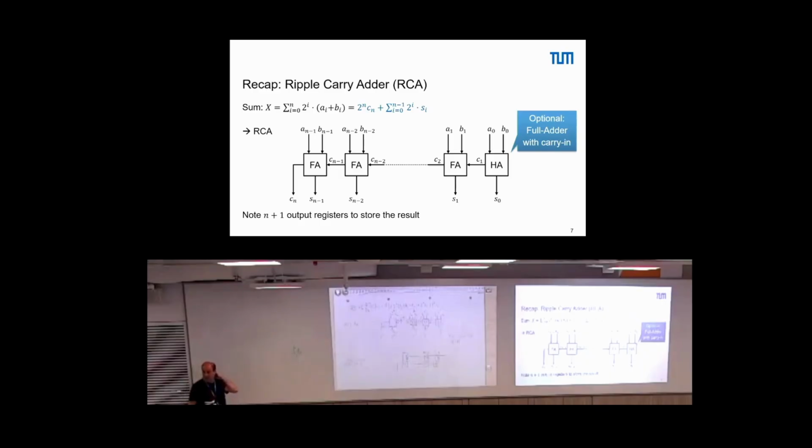If we implement here a 0, then for a 0 at the carry input, the AI, BI XOR is just propagated, so that's correct. It's the same as for the half adder.